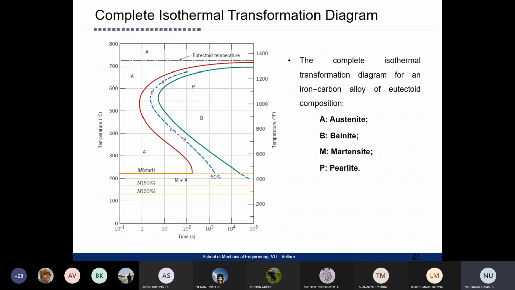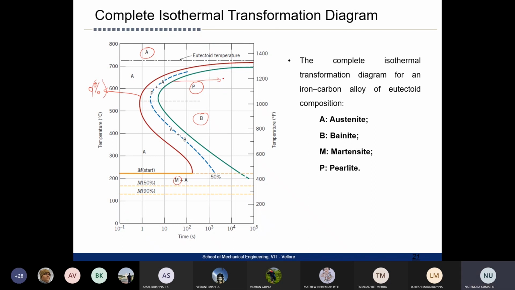So here is the complete transformation diagram for an iron-carbon alloy. This diagram is taken from the Callister book for your reference. A represents your austenite, P represents your pearlite, B is your bainite, and M is your martensite structure. This red line, as indicated before, is 0%, where the initial transformation starts.